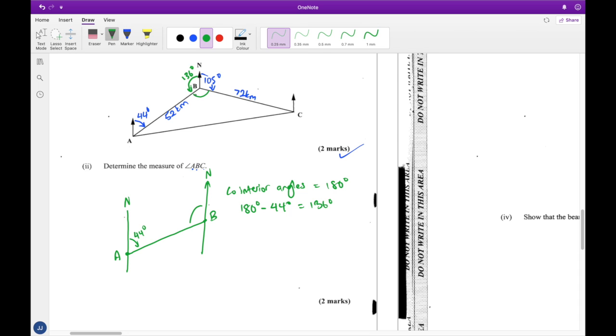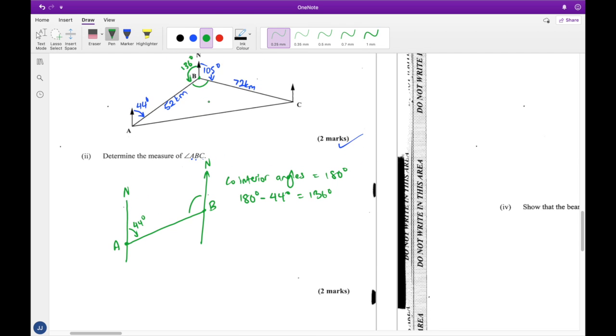So now we want the inside angle, the angle ABC. Well, we can see that these are angles on a point, and angles on a point equal 360 degrees.